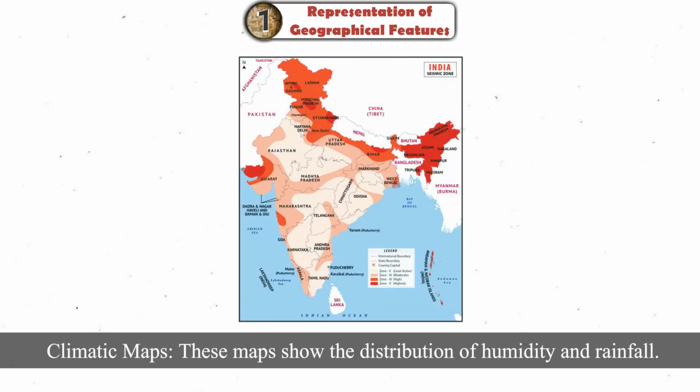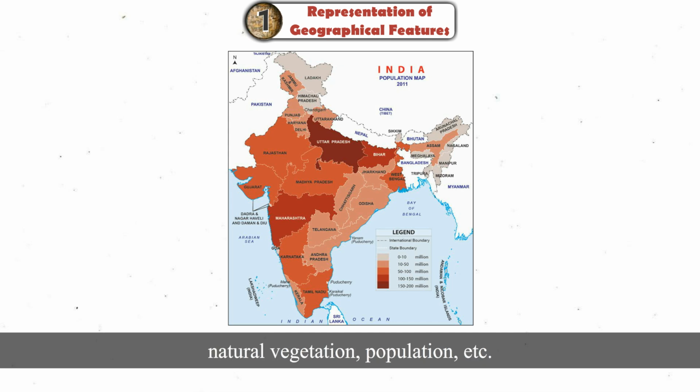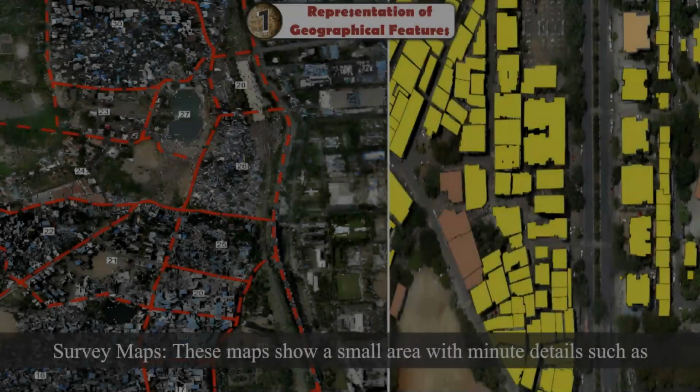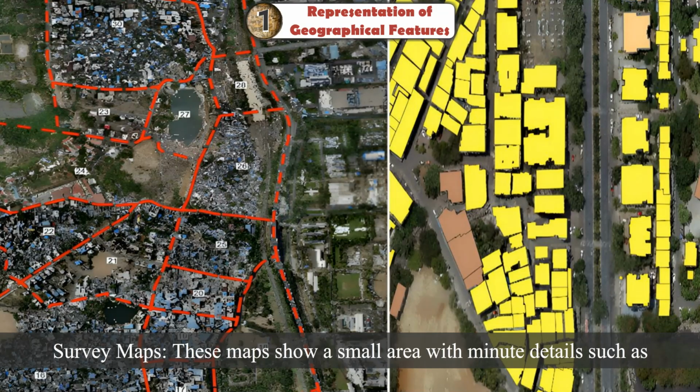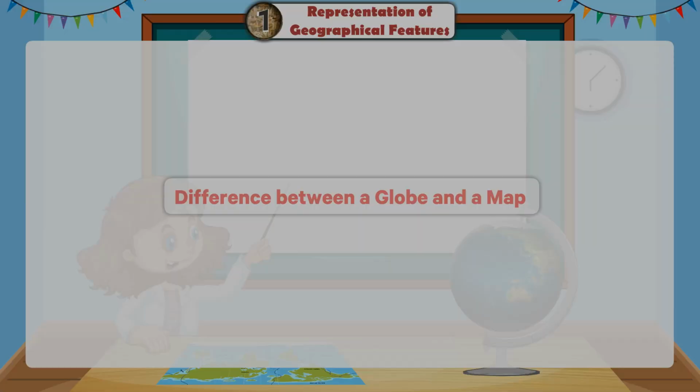These maps show the distribution of humidity and rainfall. Distribution maps. These maps show the distribution of crops, minerals, natural vegetation, population, etc. Survey maps. These maps show a small area with minute details such as roads, post offices, schools, parks, etc.